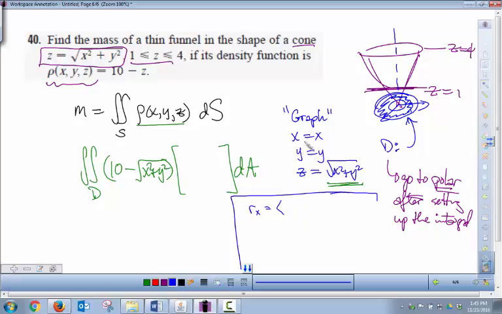Well, so R_x is the derivative of each of these things with respect to x. So the derivative of x is 1, the derivative of y with respect to x is 0. And then the derivative of this thing, whatever that is, I'll say negative. Is it negative? No, it's just positive, I think.